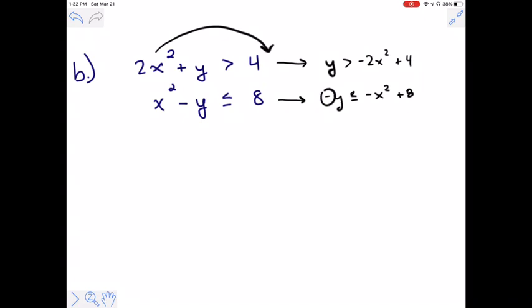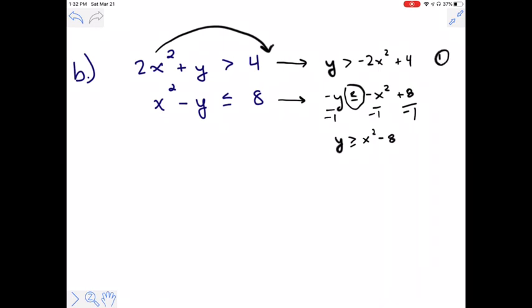So if I divide everything by negative 1, remember when you divide by negative, you have to flip the direction of that inequality. So really what we end up with there is y is greater than or equal to positive x squared minus 8.